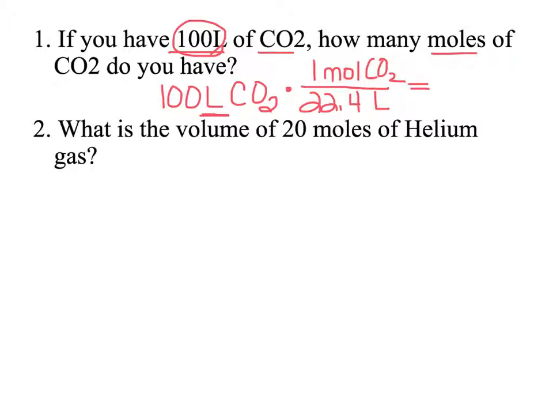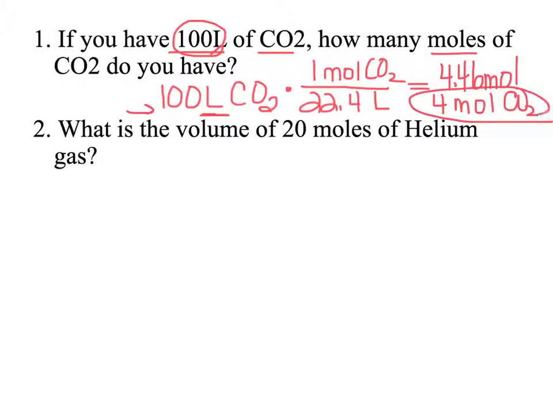So we divide, and we get 4.46 moles. Since we only had one significant digit, technically we'd round that to 4 moles of carbon dioxide. But the important thing is that you divide to cancel liters.